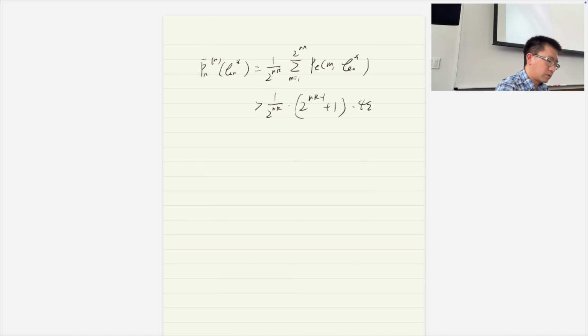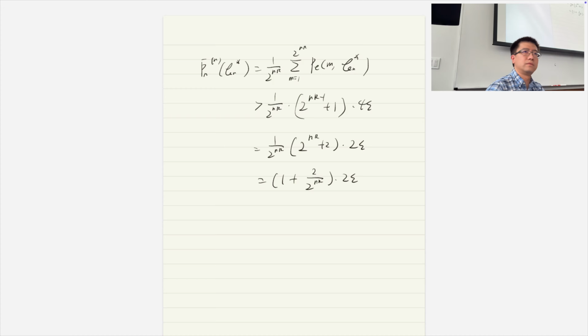So this is how we do this. And then this equals 2^(nR), and we can multiply 2 inside: (2^(nR) + 2) times 2 epsilon.